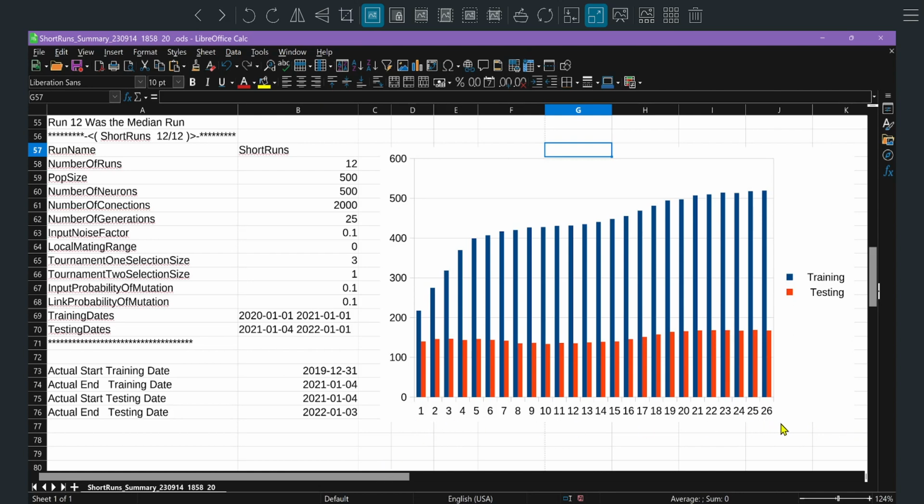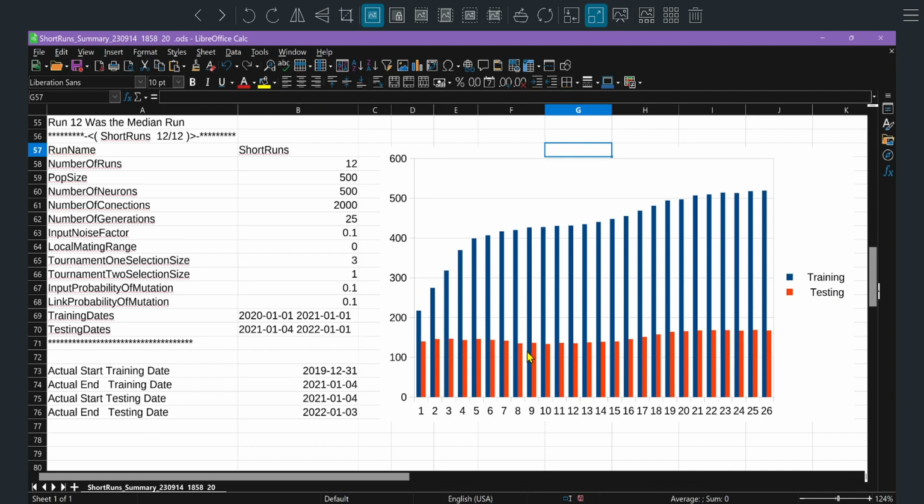Like I said, I cut this thing off at 25. I don't know why it went to 26 there, but in any case, this graph up here, that's the training period. That's not really so important. It's the testing results that are kind of interesting.